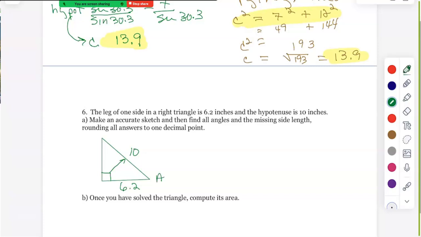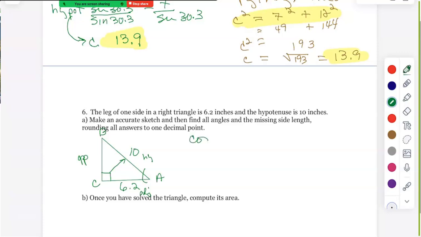Okay, so I went ahead and labeled this ABC. And I said I'm going to use angle A. From angle A's perspective, 6.2 is adjacent, this is hypotenuse, and this is opposite. So if I want to find angle A, I can't have more than one unknown, right?